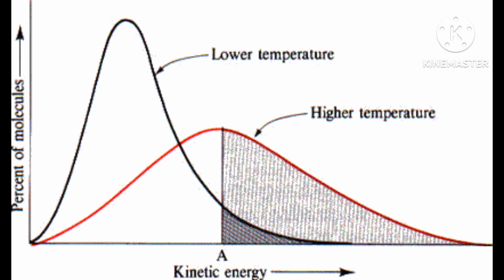Out of 100, maybe 10 students, 10 percent, are running very fast. Those who are running fast, their number will be less. Correct?